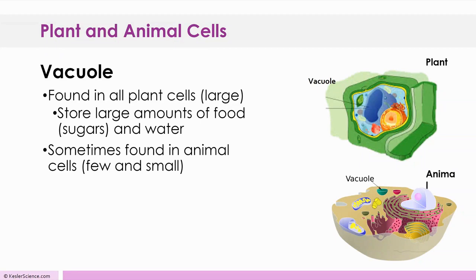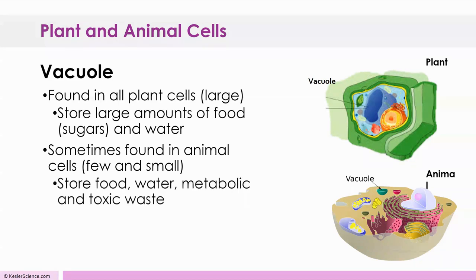When you water it, it replenishes the water and fills up the vacuoles. It's not just storing water, it's also storing waste and other things, like your storage area. It's a fluid-filled sac.